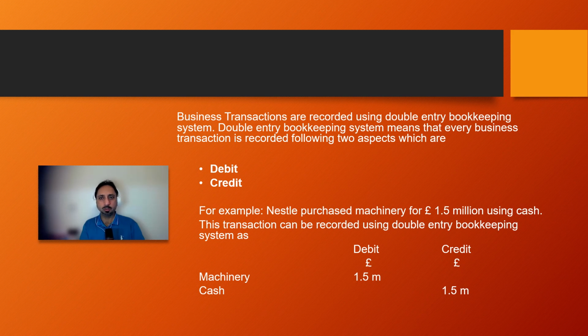When you're thinking about debit and credit, you have to think in regards to your business organization. In your business organization, whatever business you are running, as a result of the business transaction, one aspect of that transaction is that some debit is happening.